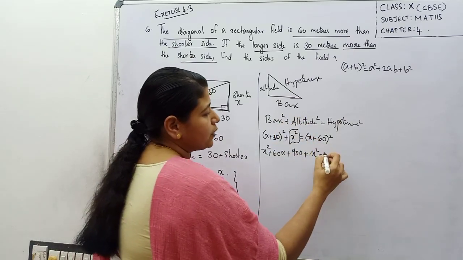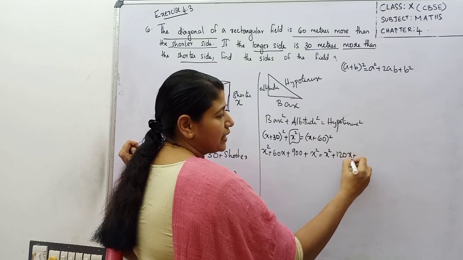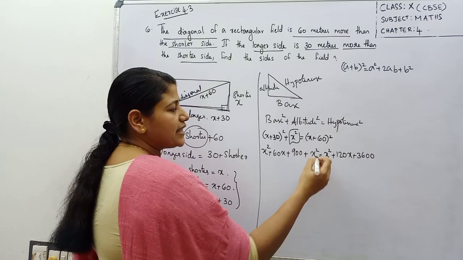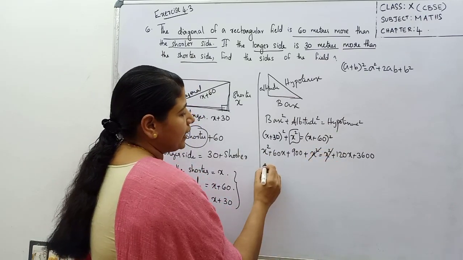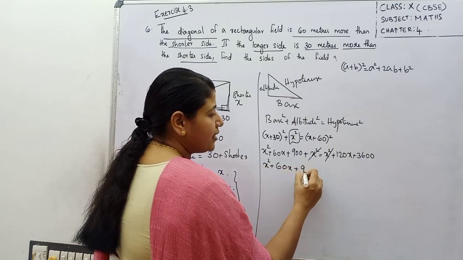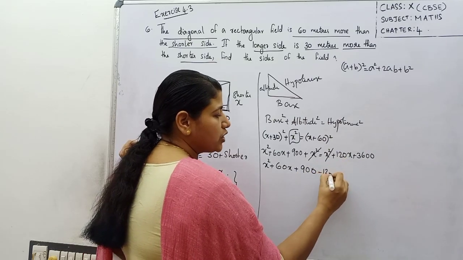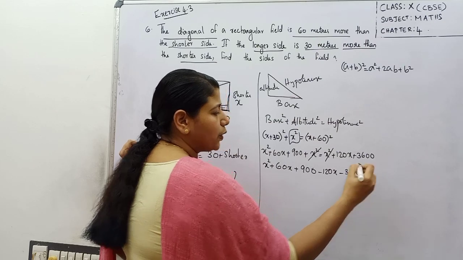Here also x square plus 2 into 60 is 120x plus 60 square is 3600. On both sides we have x square with the same sign, so we can cancel. Now we get x square plus 60x plus 900. Taking all the terms to this side, you will get minus 120x minus 3600 equal to 0.